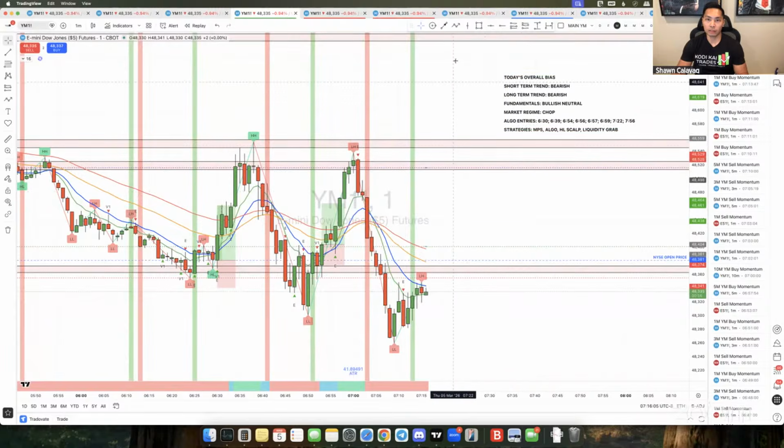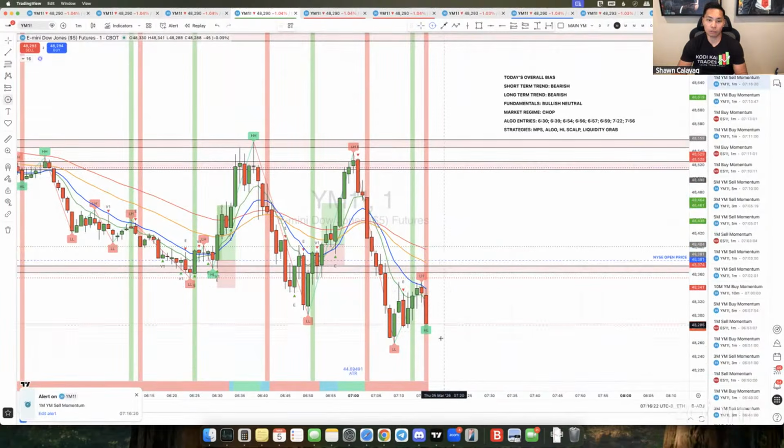Might have to wait later in the session. I think closer to like 7:30, maybe closer to 8, we might get a push up higher to here. And if we do get a push up higher to here, then we'll maybe get a buy signal. We need to get some sort of expansion. So what I need to see here for that to actually happen is we establish a floor, a new support level, and then price makes a continuous push to the upside, right?